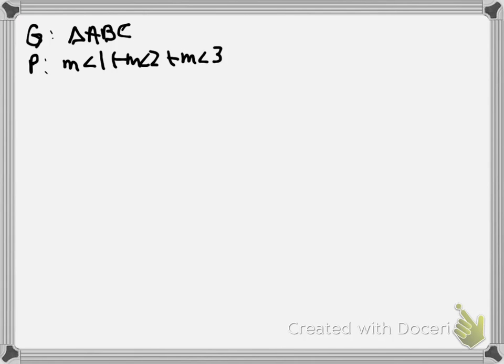All right, so what we're going to do is do the proof of Theorem 311, so we won't be able to use it. So we're going to prove how we know that the sum of the angles of a triangle is equal to 180. So we want to prove that measure of angle 1 plus measure of angle 2 plus measure of angle 3 equals 180.